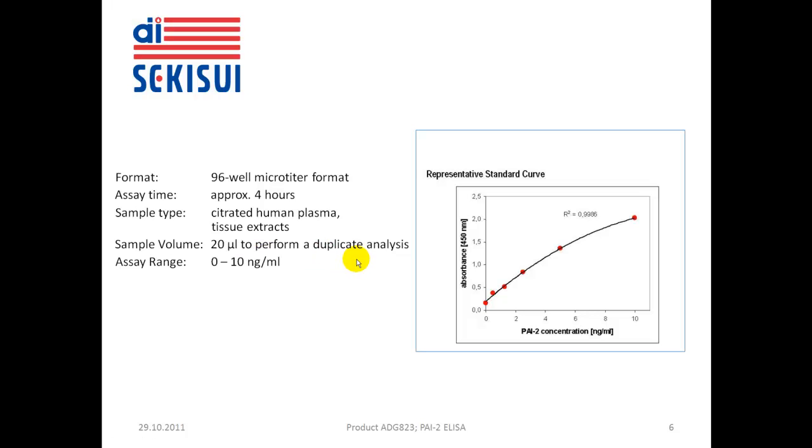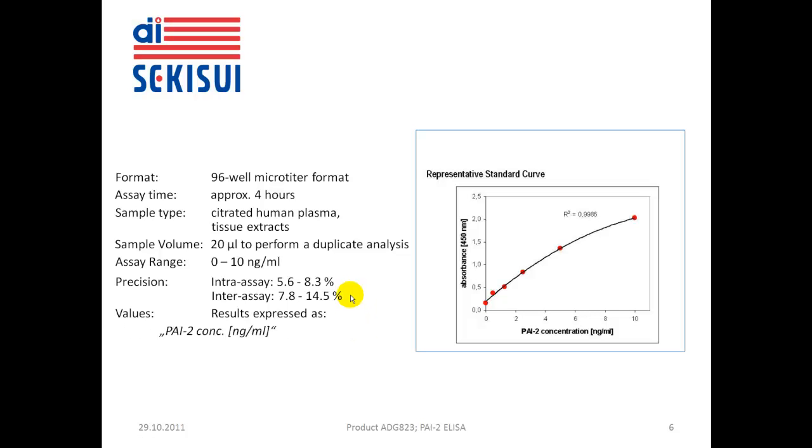The assay range is from 0 to 10 nanogram per ml, and the intra-assay and inter-assay variability is between 5.6 and 40.5% at lower concentrations, which is shown in the next slide, but the results are expressed as PAI-2 concentrations in nanogram per milliliter.